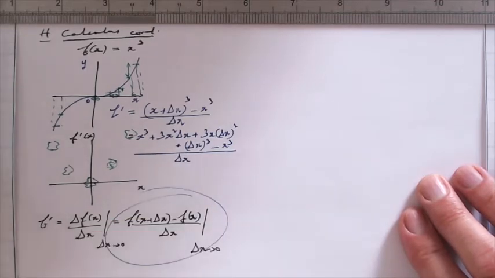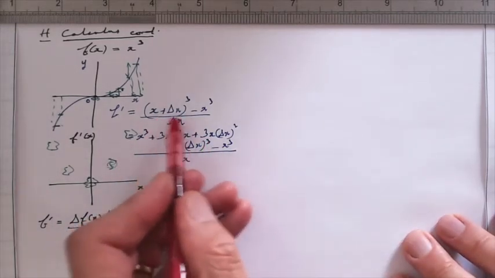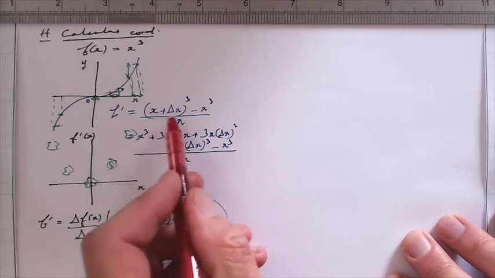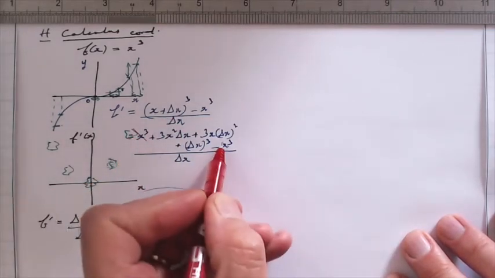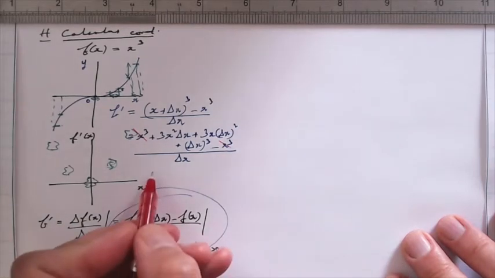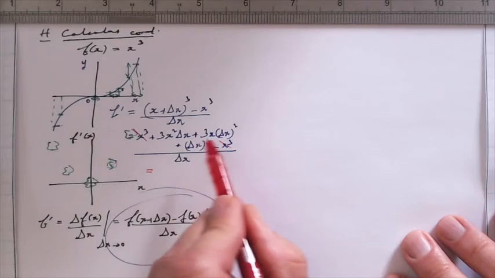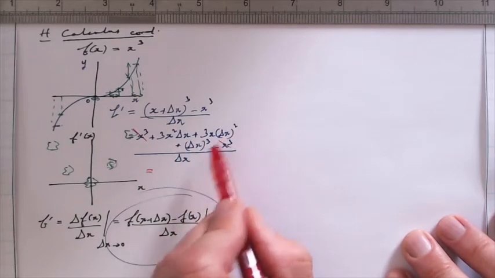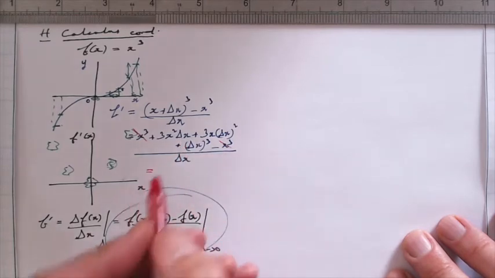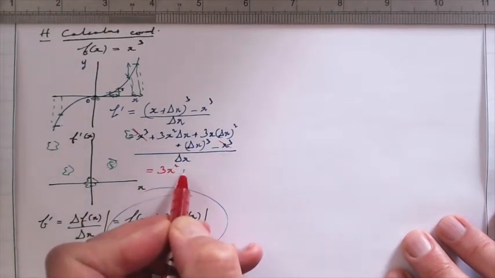So let's just have a look at this then, and as I say, you'll be able to check this very easily for yourselves by just multiplying out this product of 3 brackets. Well, this x cubed here cancels with that x cubed, and we can divide by delta x because all of the terms remaining have a delta x. So there's a common factor of delta x on the top and the bottom, so we can divide by delta x and we get 3x squared.